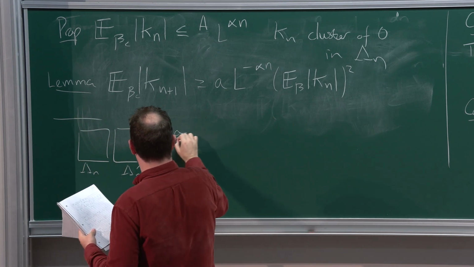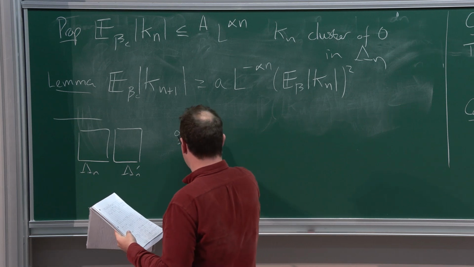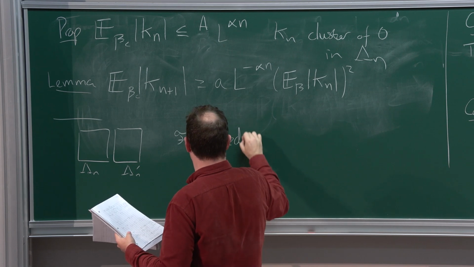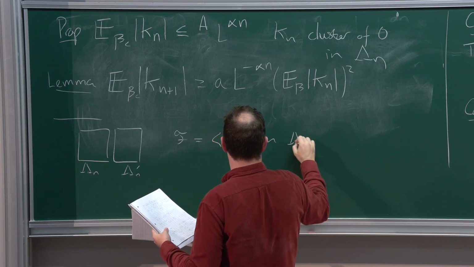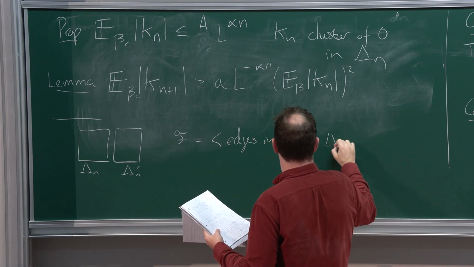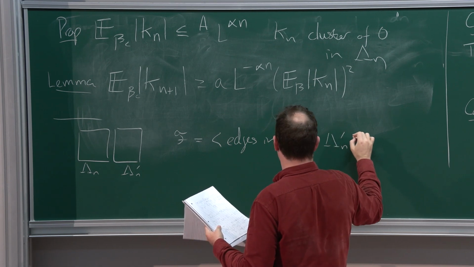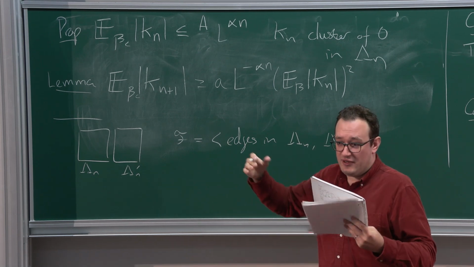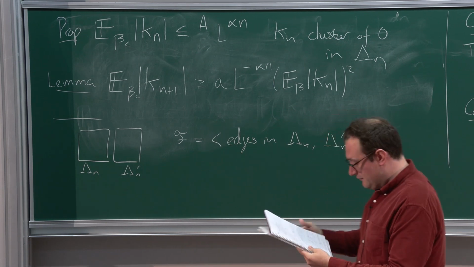I'll take F to be the sigma algebra generated by the edges in either of these two boxes, but not between them. I want to understand what happens when I add the edges connecting these two things.